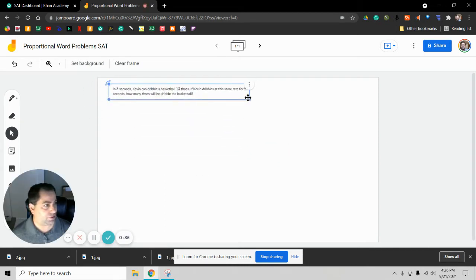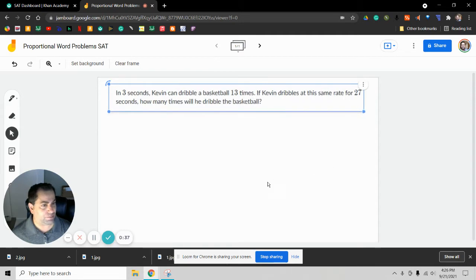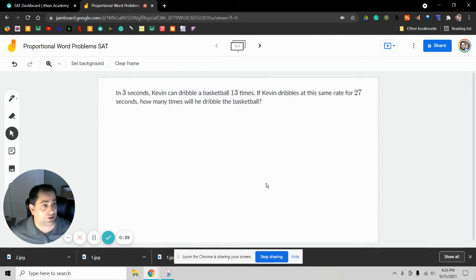Right. So it says here, in 3 seconds, Kevin can dribble a basketball 13 times. If Kevin dribbles at this same rate for 27 seconds, how many times will he dribble the basketball? So we are comparing two things here. We are comparing dribbles to seconds.